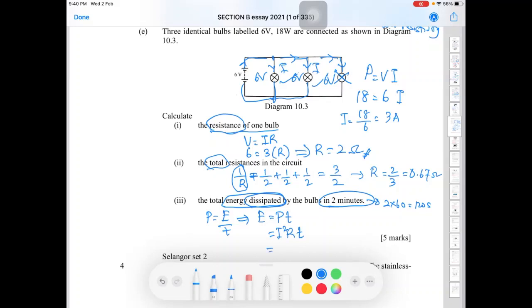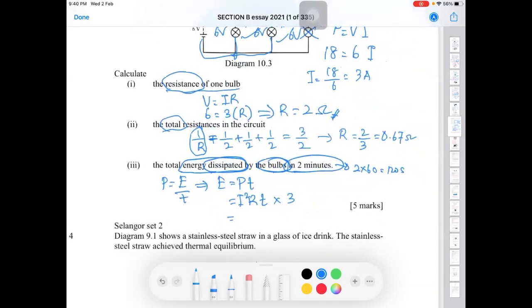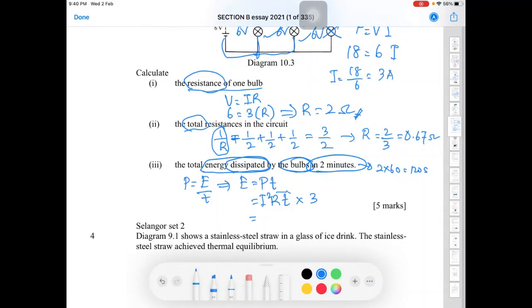So I2, you guna dapat I kamu adalah okay. Energy ini dia kata the total energy dissipated by the bulbs. Maksudnya 3 bulbs. Jadi kita kena kali dengan 3 bulb. Okay. Energy dissipated ini untuk 1 bulb dan kali 3 lah untuk 3 bulb. So the current flow is 3 ampere.